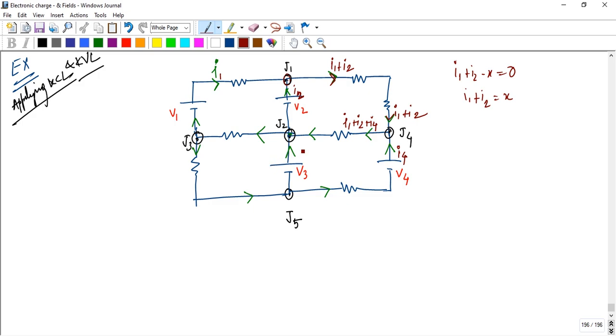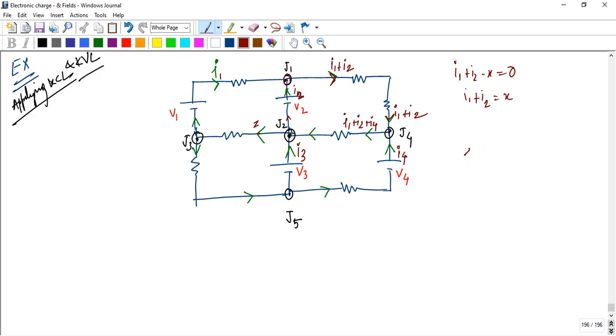Suppose there is an I3 from here. Okay, I3. So I2 leaves the junction. From J2, I2 leaves the junction. So I3 enters the junction. Okay, so now we calculate that Z value. What is the current value of this branch? So towards the junction is plus.